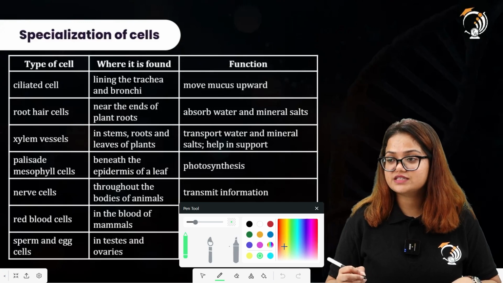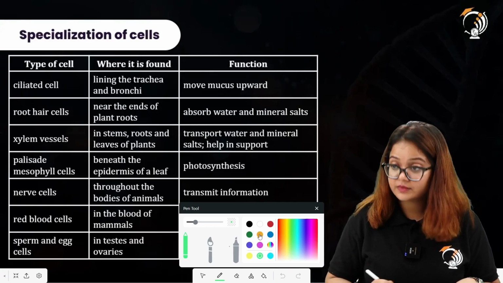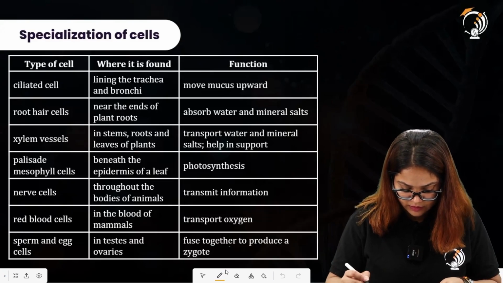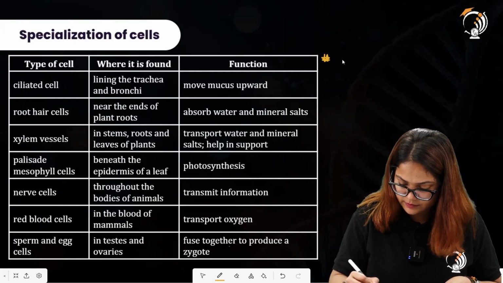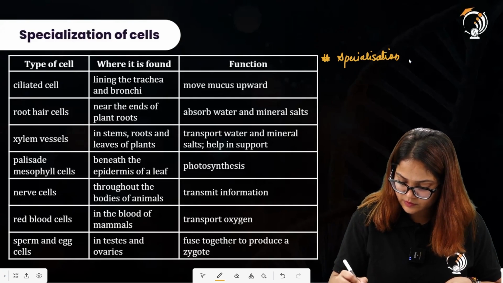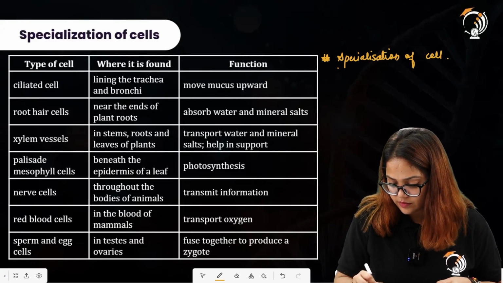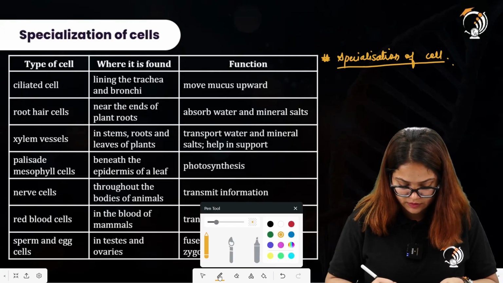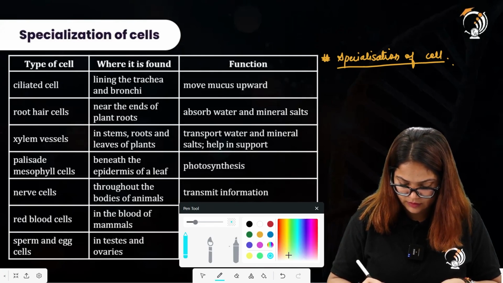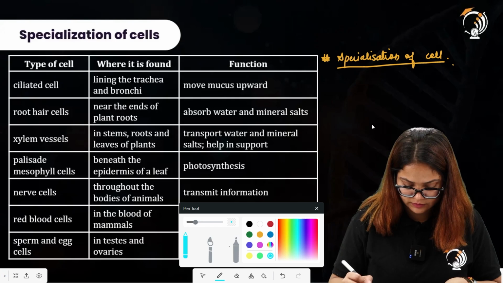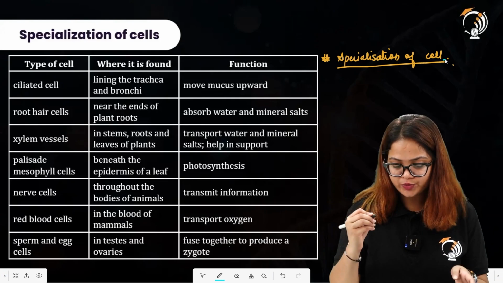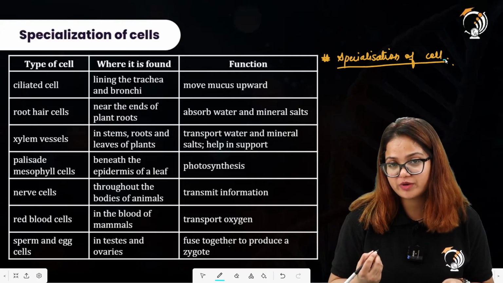The specialization of cells occurs to make the cell more specialized for a particular function.